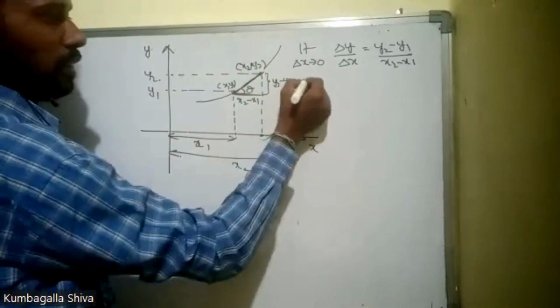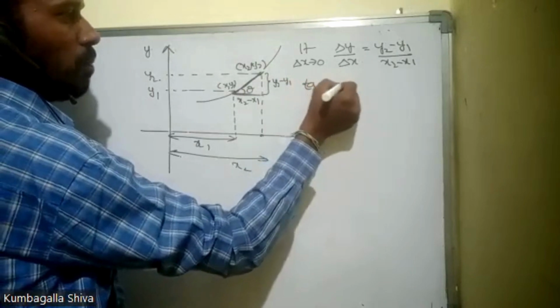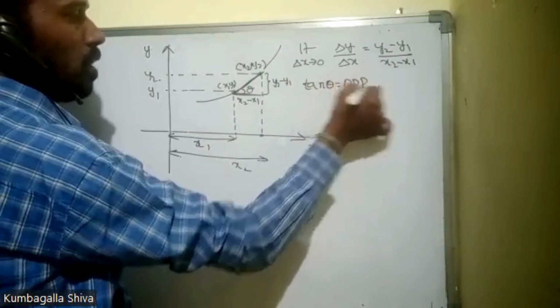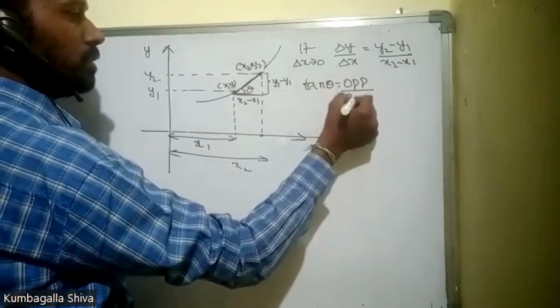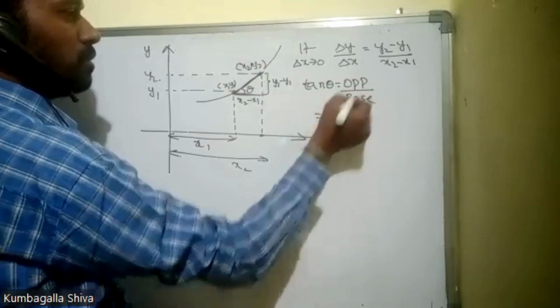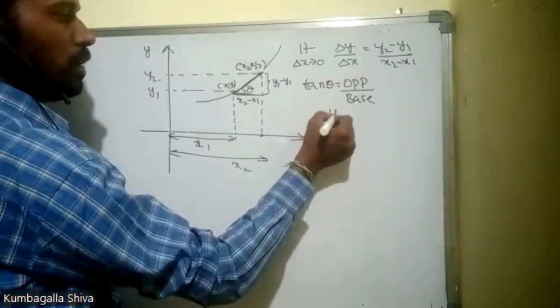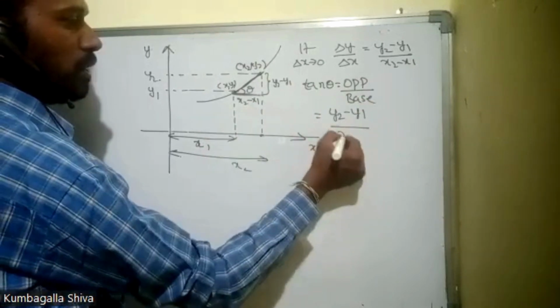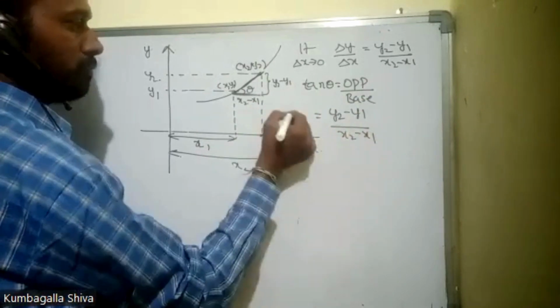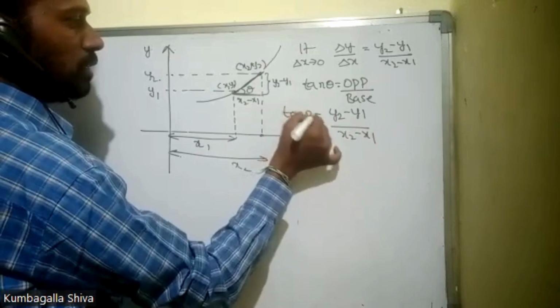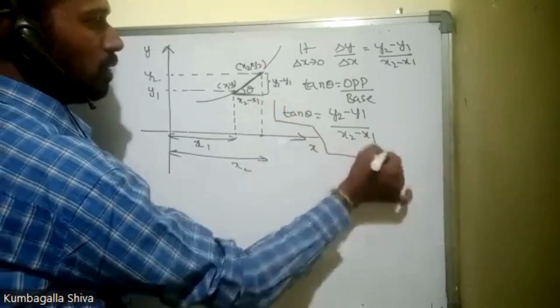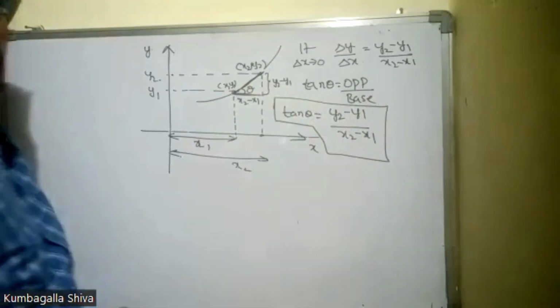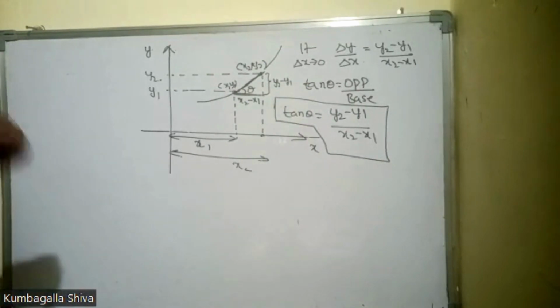We know that tan theta is opposite by base. Opposite is y2 minus y1, and base is x2 minus x1. So tan theta equals y2 minus y1 by x2 minus x1.